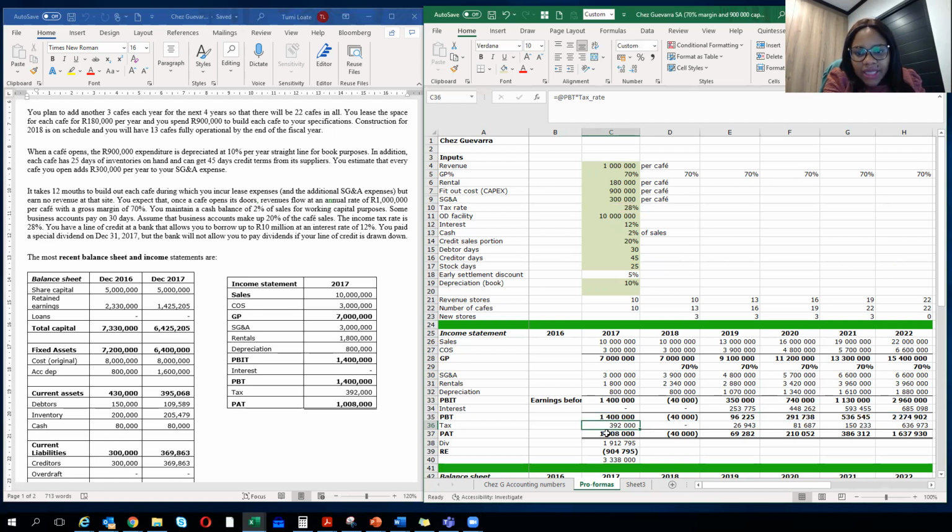Profit after tax, how do you do that calculation? It's just your profit before tax less your tax to get you profit after tax. So here where it says PAT and PBT, this represents profit before tax, and this is then just your profit after tax.